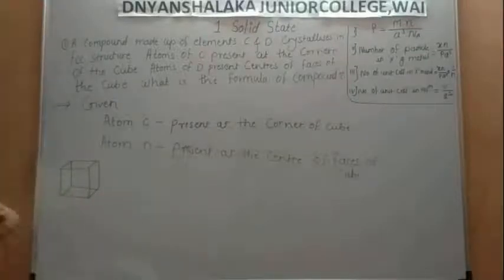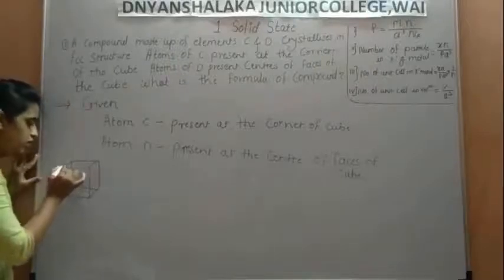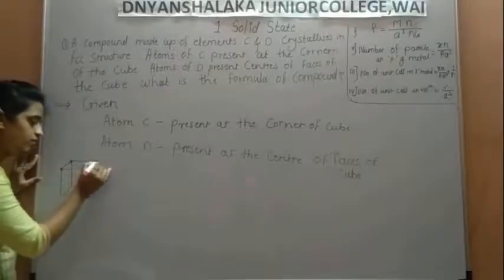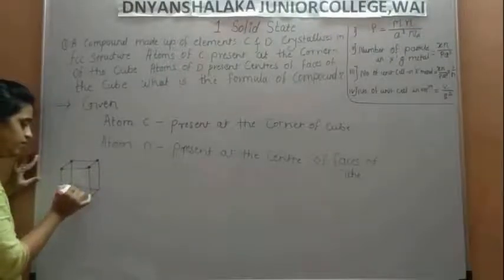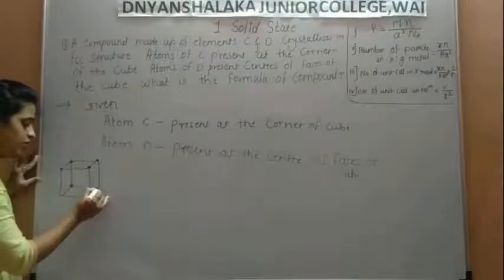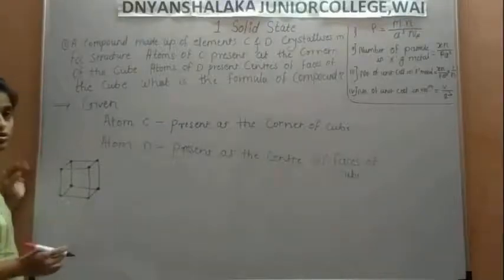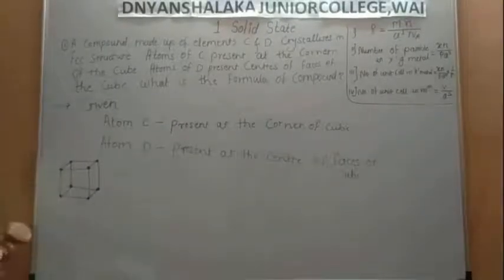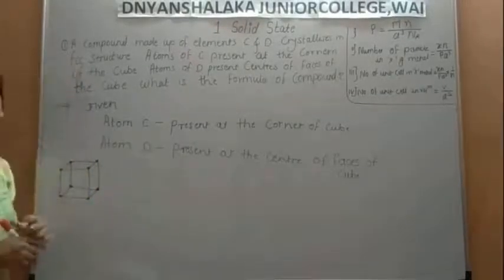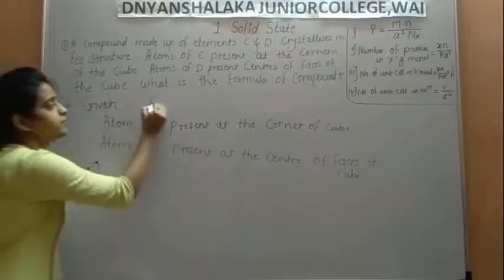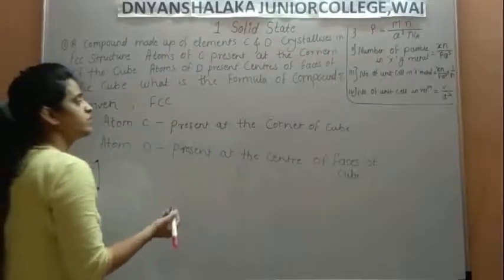In this cube, these are the 8 corners in the upper part, and next the 8 corners in the lower part. So the total number of corners is 8 in any crystal structure, but here we are given an FCC structure, meaning face centered cubic structure.